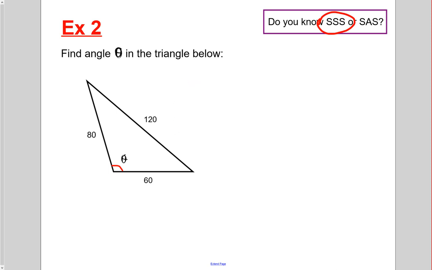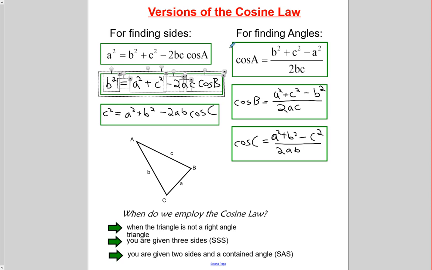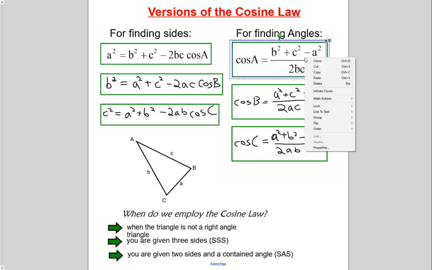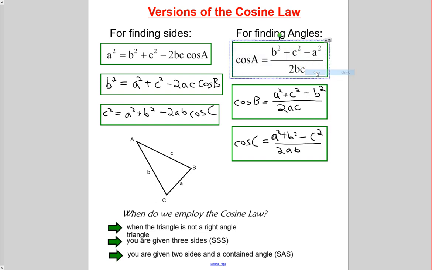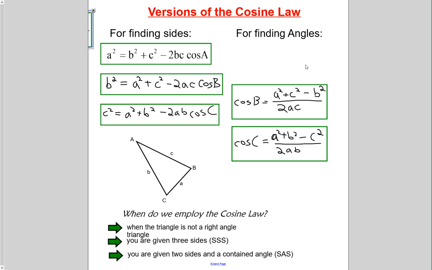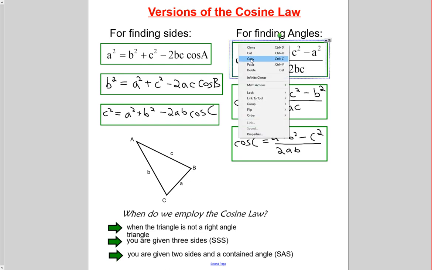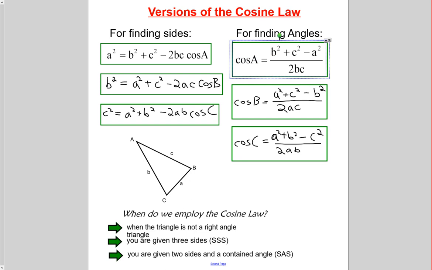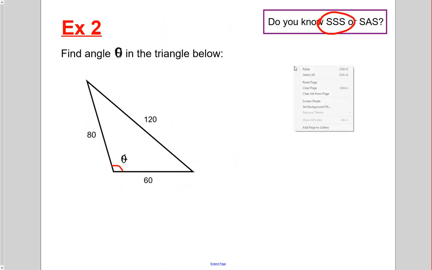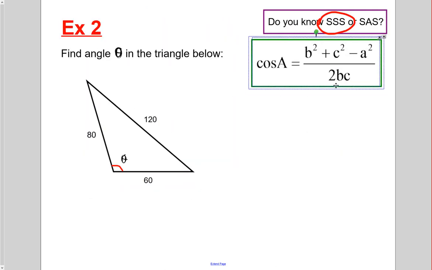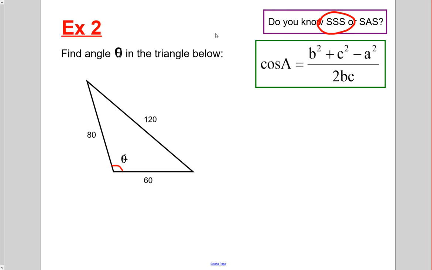So I want to go back to where we've got our equation for that. I'm going to grab this one and I'm going to bring it with me to that page. Let's park that up here so we remember how to use it.